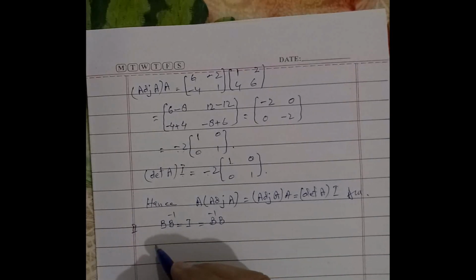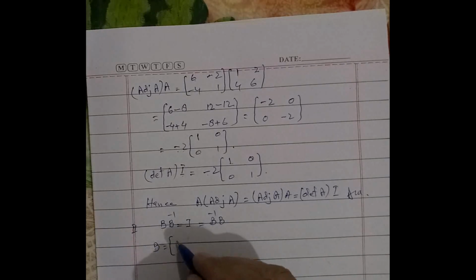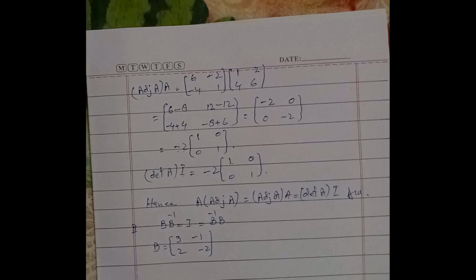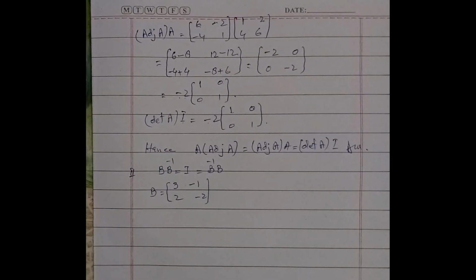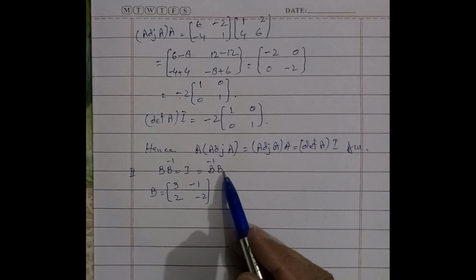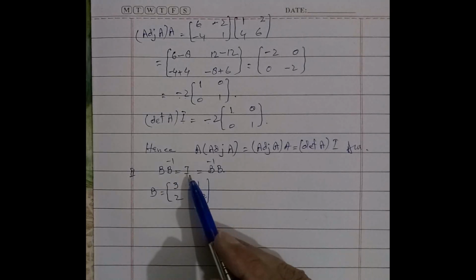First we take B matrix, which is [[3, -1], [2, -2]]. So we find first B inverse, a multiplicative inverse of B, and then multiply B into B inverse and B inverse into B, and prove that they both are equal to identity matrix.